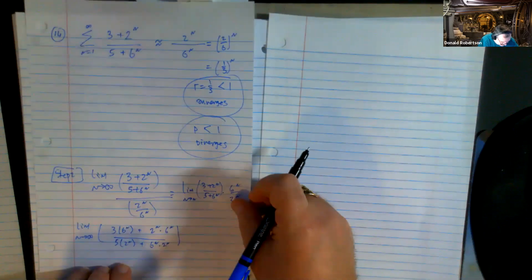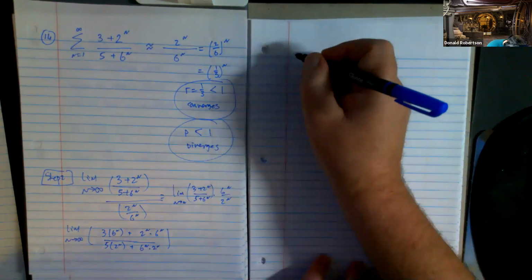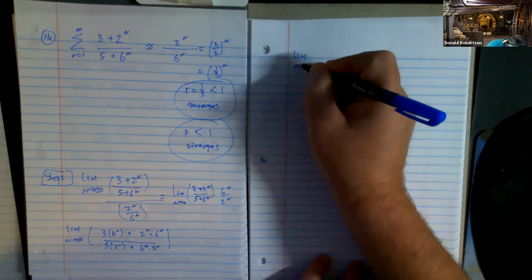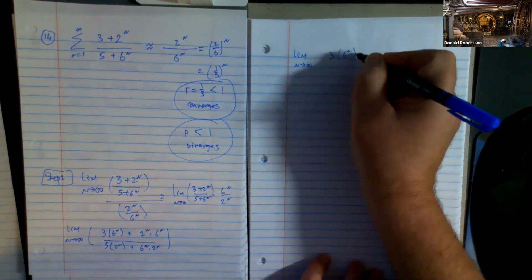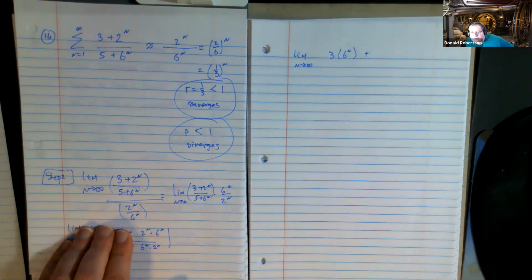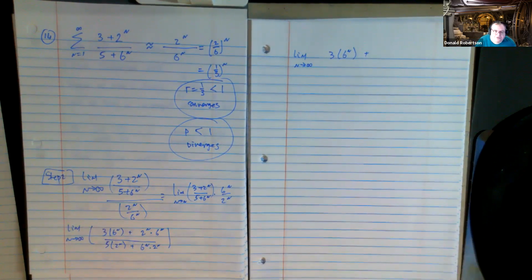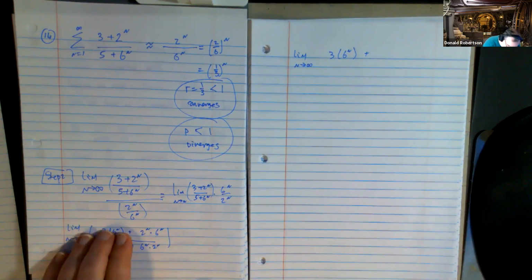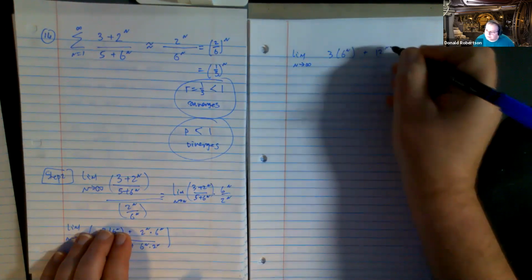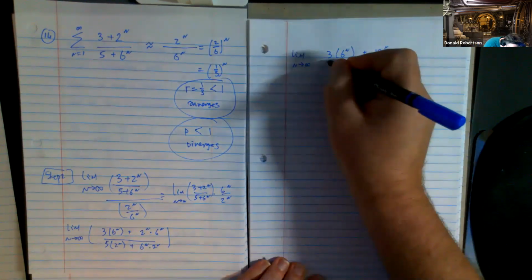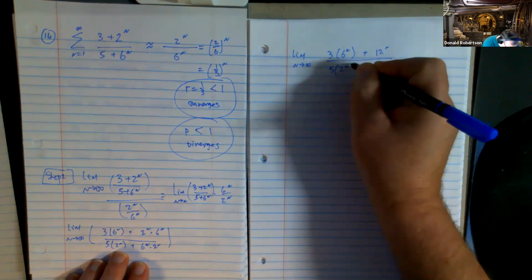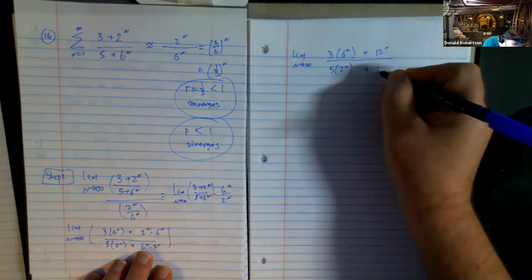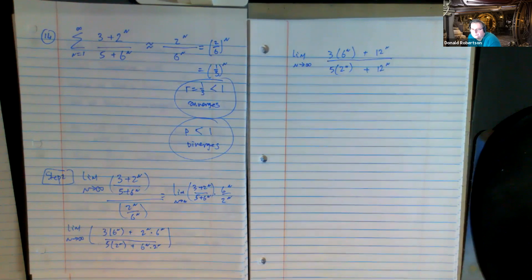I don't think we've done a limit quite like this one. So it's going to be 3 times 6 to the n. Won't 2 to the n times 6 to the n, can't you combine that into a single 12 to the n? Great. And on the bottom, you've got 5 lots of 2 to the n plus 12 to the n.